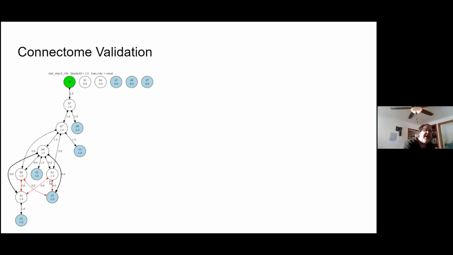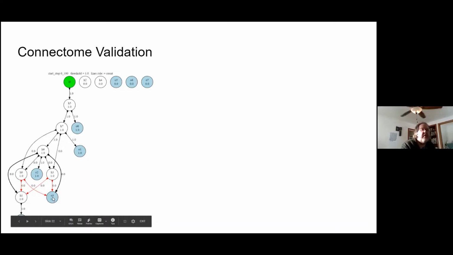Like the example I showed before, where it could be the weather report that you watched that told you to bring an umbrella, or it could be the fact that you know it's raining, that it's cloudy and that it's not freezing, and that's why you brought an umbrella. In this case, I plot these lines as red because I don't know. This is to tell me I don't know. I know that H6 is determinant of output 3 and determinant of H1. And I know that either H0 or H3 is involved, but I don't know which one.